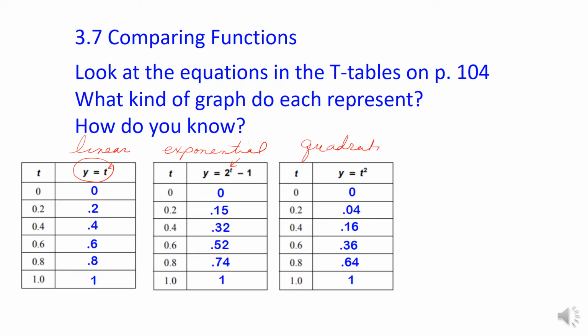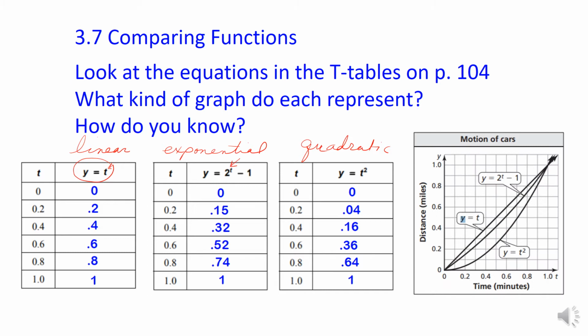Okay, so what does that mean? Well, if we graphed these, and notice that this is comparing the motion of a car, distance per minute. Okay, so this is 1 minute, right? So in 1 minute, they're at the same place. And we can see that because they all equal 1. They started at 0 because they had not gone anywhere at 0.